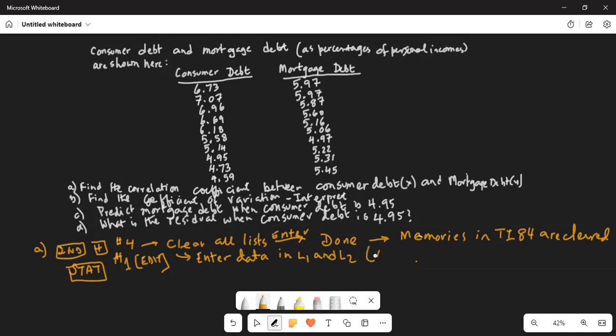So X data in L1, which is consumer debt, and Y data, which is in L2, which is mortgage debt.